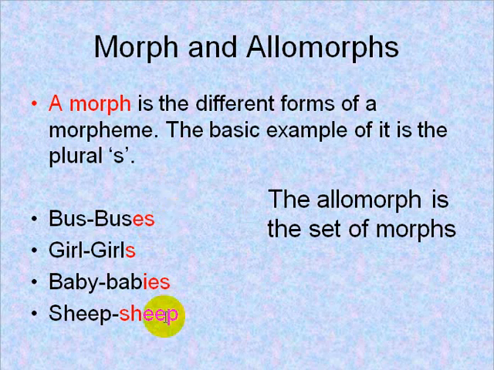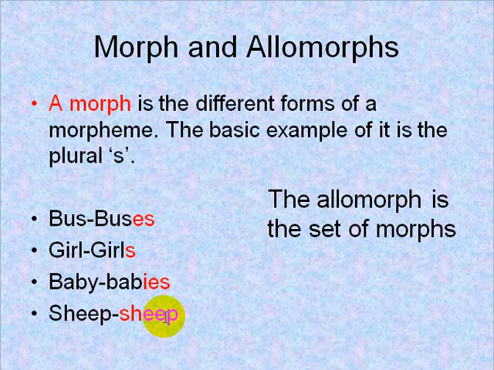Of course, the irregular morphemes are included as well. And how many irregular morphemes of plural do we have? So many. These many morphemes are included in the plural s morpheme.